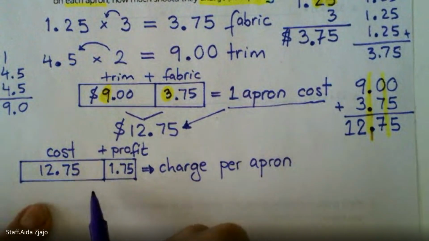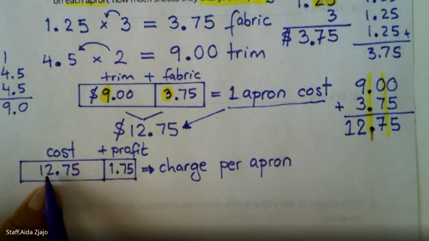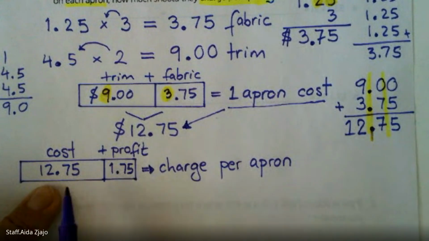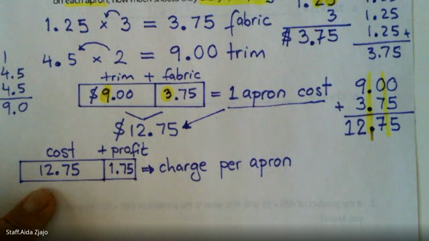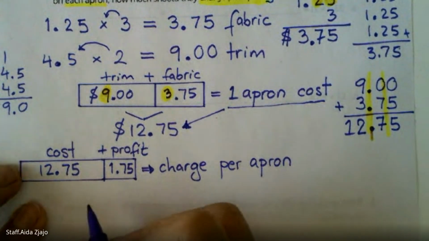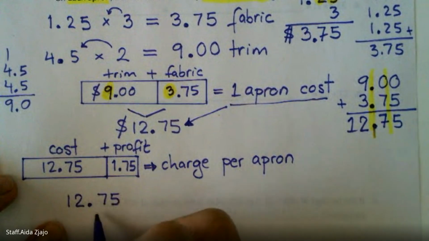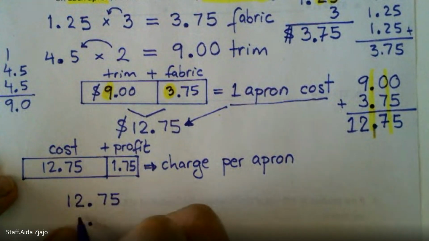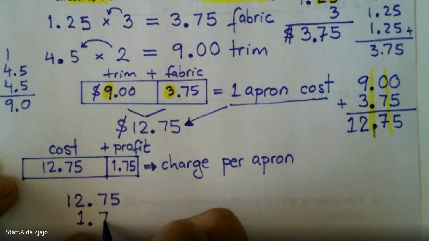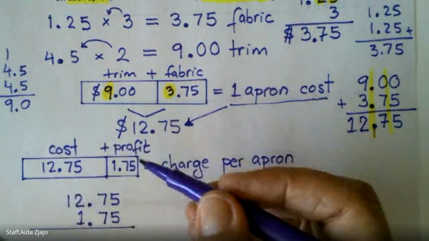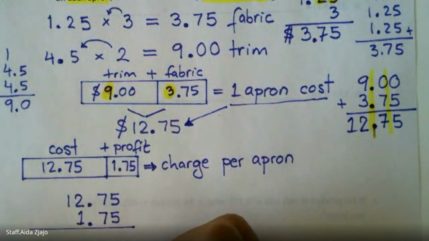Okay, so this is $12 plus 1 is $13, and then 75 plus 75, you can think of that as 150, so then you make one whole. But it's easier if you just add the wholes and the decimals in a line.